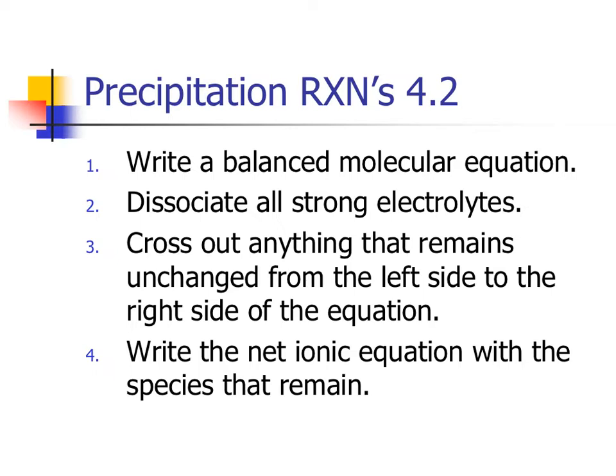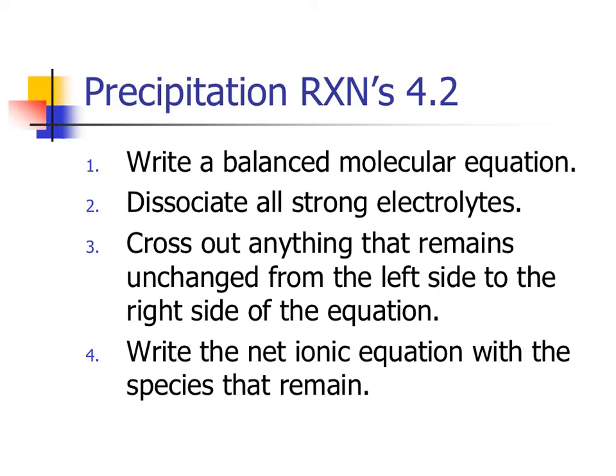So dissociate all the strong electrolytes. Anything that is soluble gets split up, and we cross out anything that remains on both sides. And so we get rid of the spectators, kind of the way a lot of sports are doing in 2020. Get rid of the spectators, and then just have the game be played, so to speak.